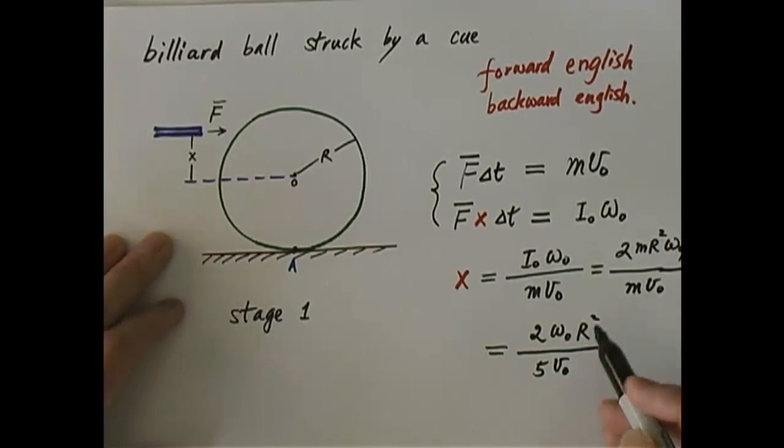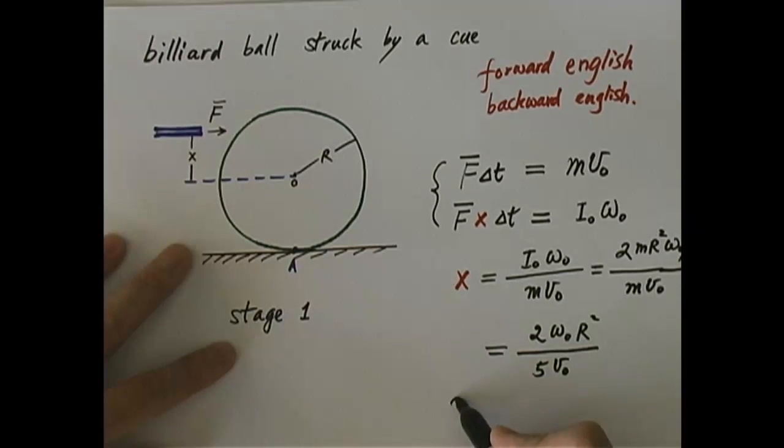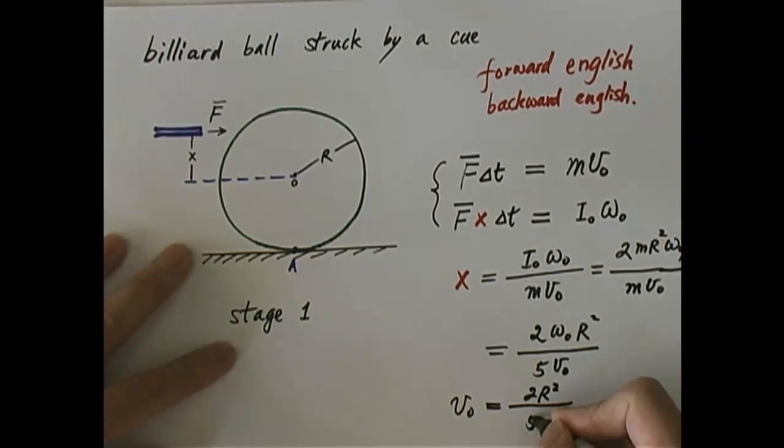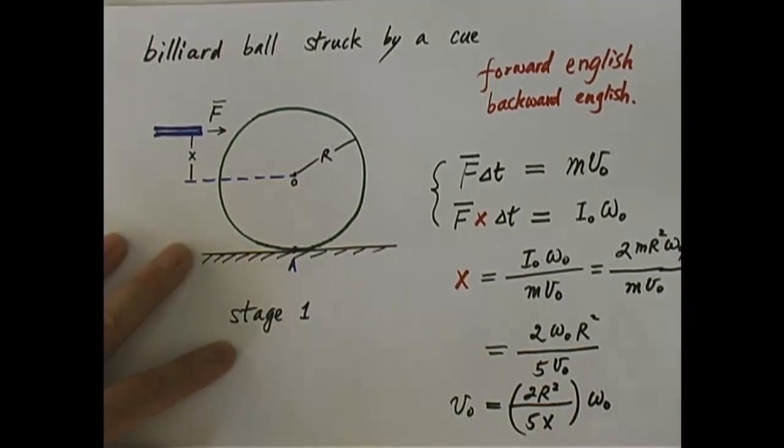But as a result, you see, you have initiated both rotation and translational motion, right? As a matter of fact, we can solve for v O now. v O equals 2r squared over 5x times omega O. You know, it's proportional to omega O. That makes sense.